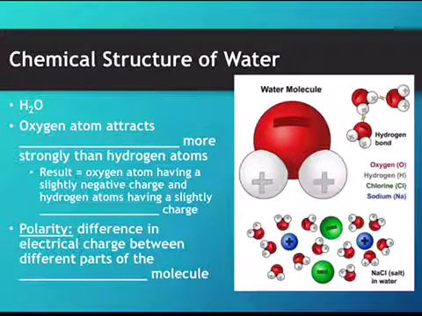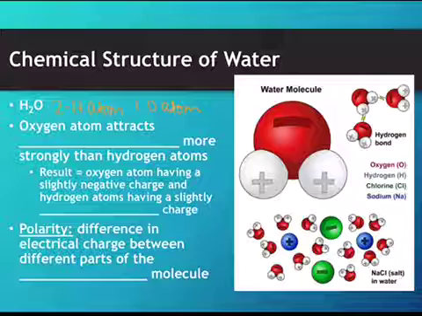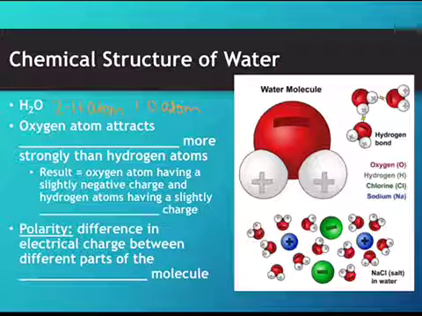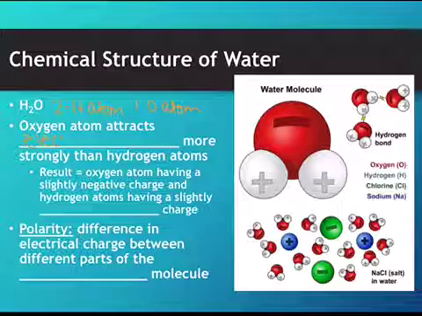Looking at the chemical structure of water, we know that it is made up of 2 hydrogen atoms and 1 oxygen atom. One of the properties of oxygen is that it attracts electrons.